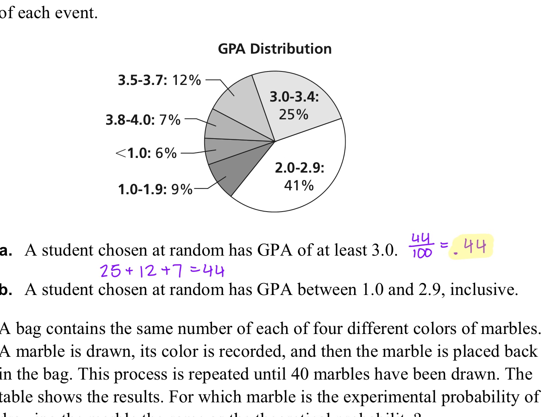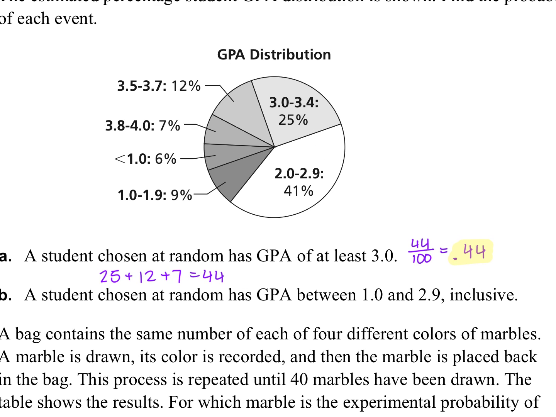The next one says a student chosen at random has a GPA between 1.0 and 2.9 inclusive. So I'm just choosing the numbers in between 1.0 and 2.9. So looking at it, I'm going to go ahead and add 9% and 41.